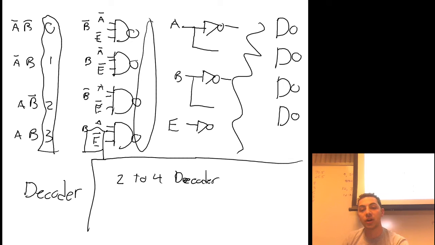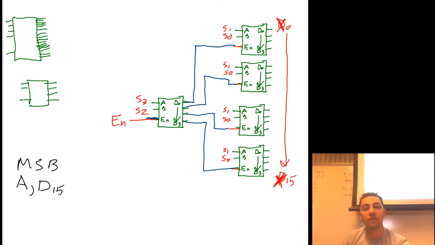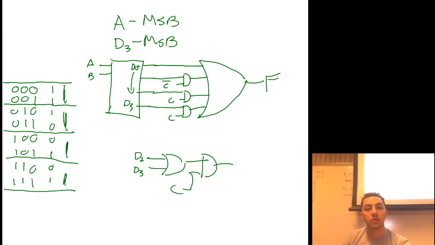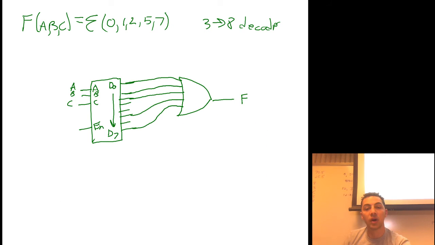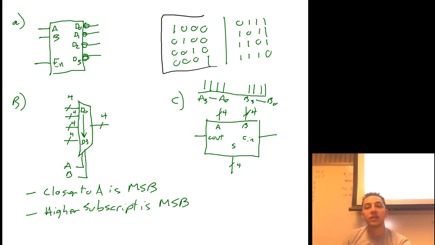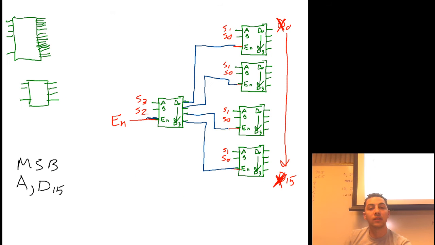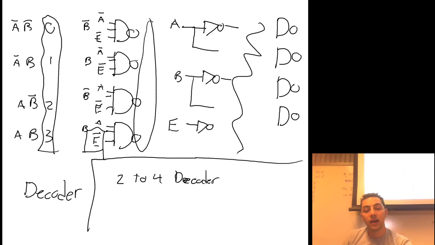A regular decoder, as we saw a few slides ago, somewhere, has that kind of a truth table. That is not what this one has. This one has this kind of truth table. So it has active low outputs.